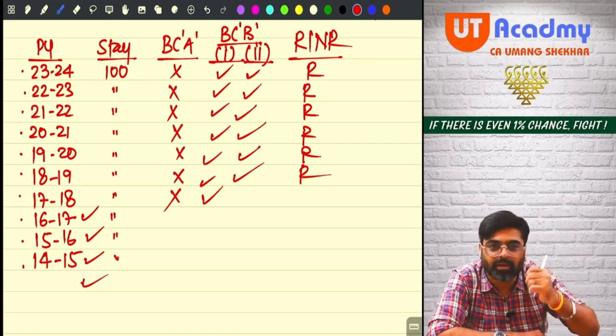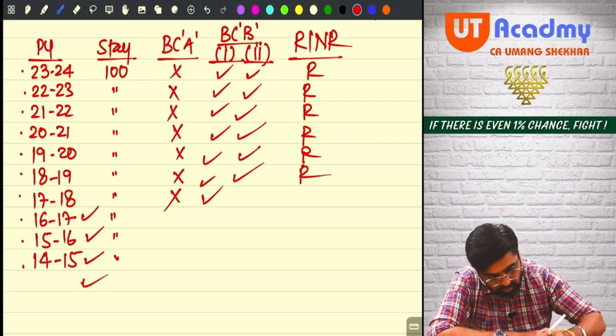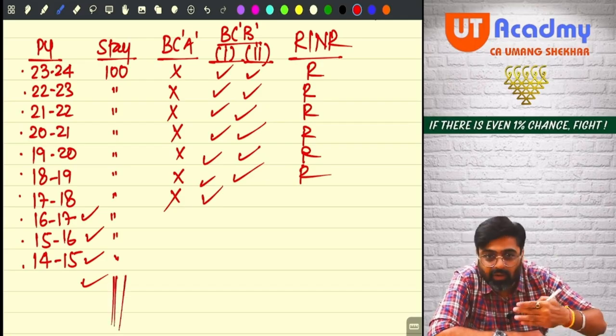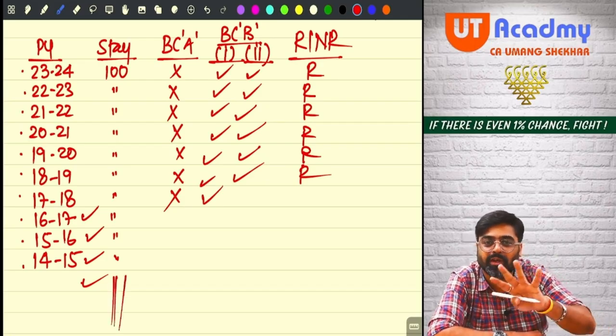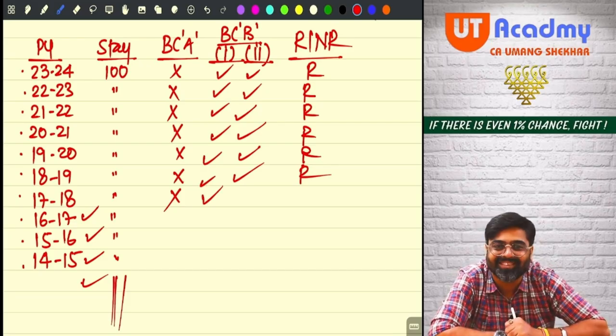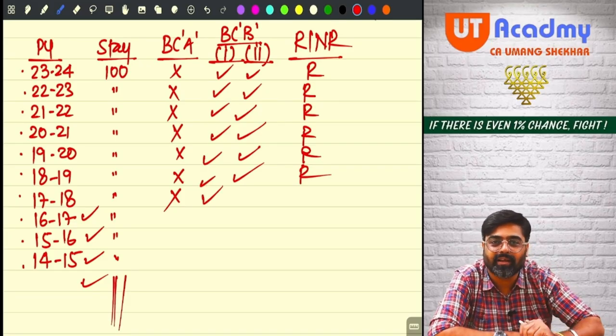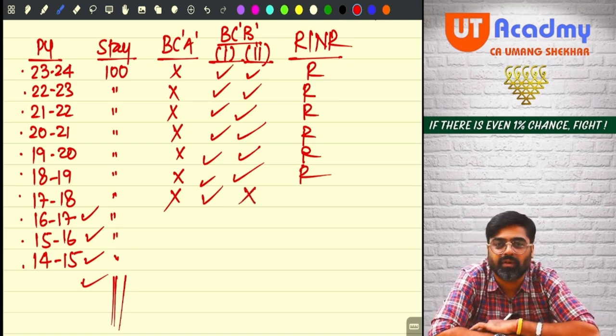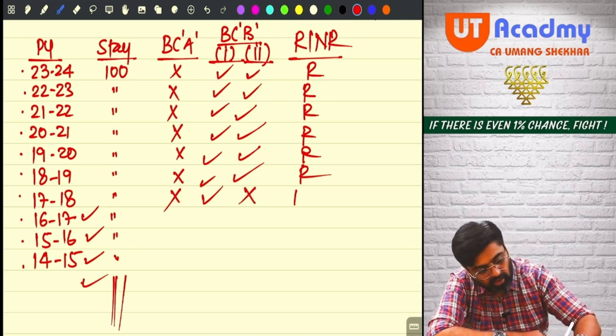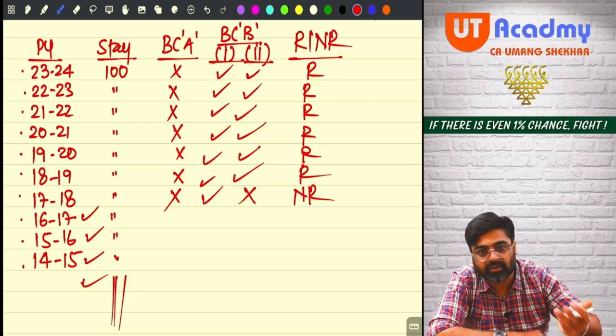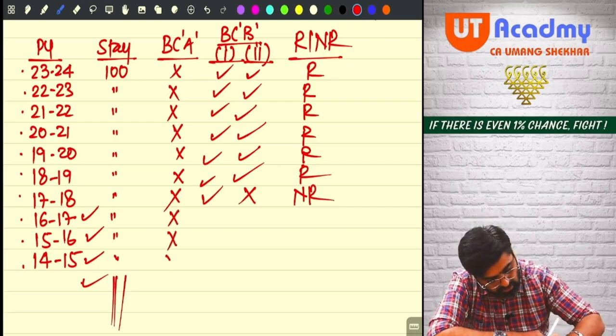Prior to that, he was not coming. So here his stay was nil only, no? So last 4 years, total is only 300. Hello, sir. Total is only 300, meaning that this condition is not fulfilled. That means here he was non-resident, and same logic for next 3 years also.